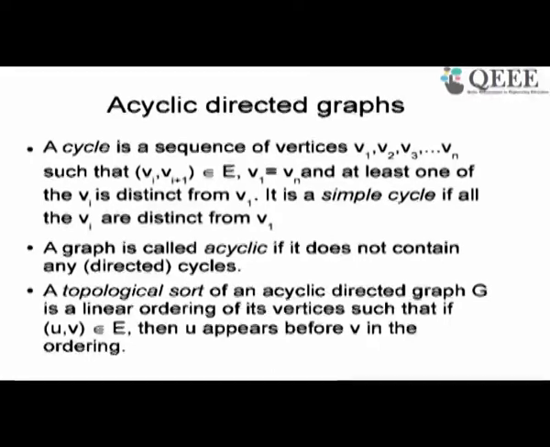Why do you want to topologically sort the nodes of a graph? This has applications in many areas. Like for example, imagine that you are creating a VLSI circuit and you have drawn the data path, which means that you have drawn all the nodes which do computation and you draw where these computations are used. So you get a graph.